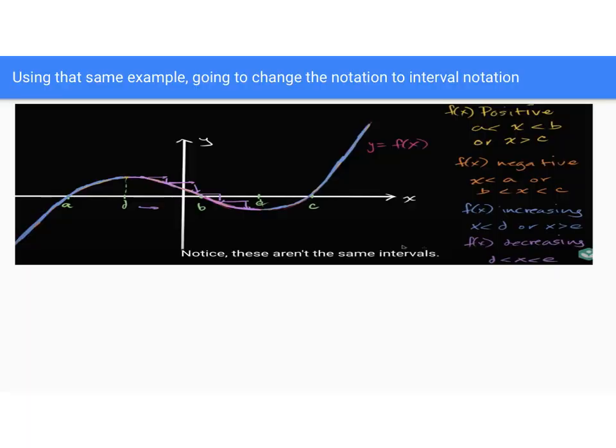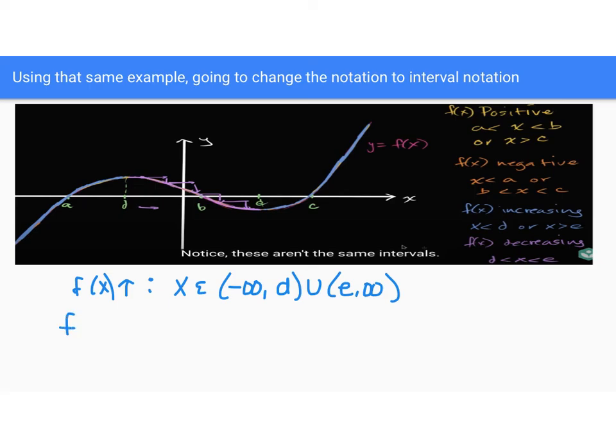So let's again notice how we would write this using our formal notation. This time again, we're talking about f of x increasing and decreasing. So I'm going to write this f of x, and I am going to use that arrow, f of x increasing. He said it was increasing from negative infinity up to that turning point of D, and then again at the turning point of E all the way up to positive infinity.